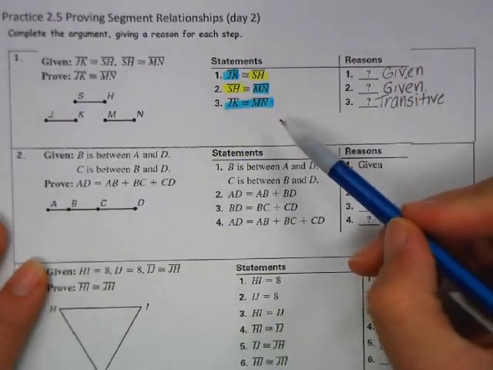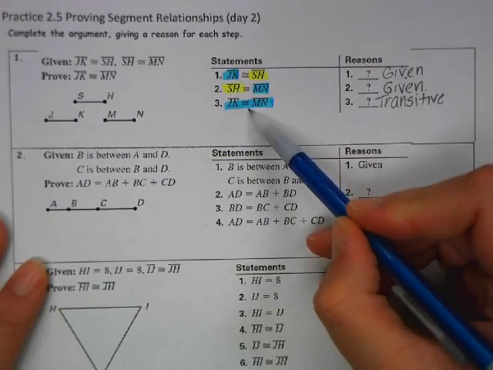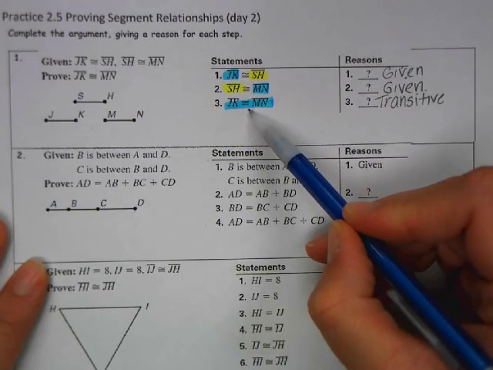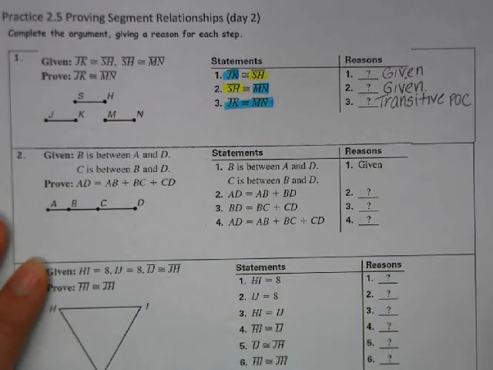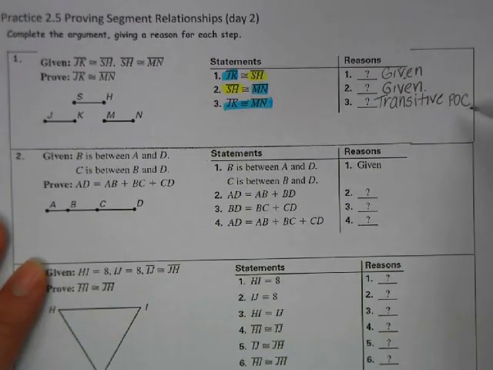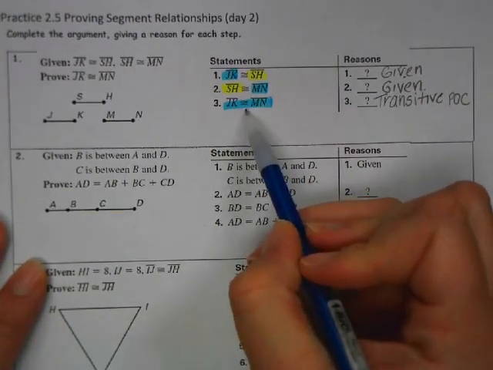And it's not the transitive property of equality because there is not an equal sign. There's a congruent sign. So it's the transitive property of congruence. So instead of POE for property of equality, we're going to put POC since it's that property of congruence.